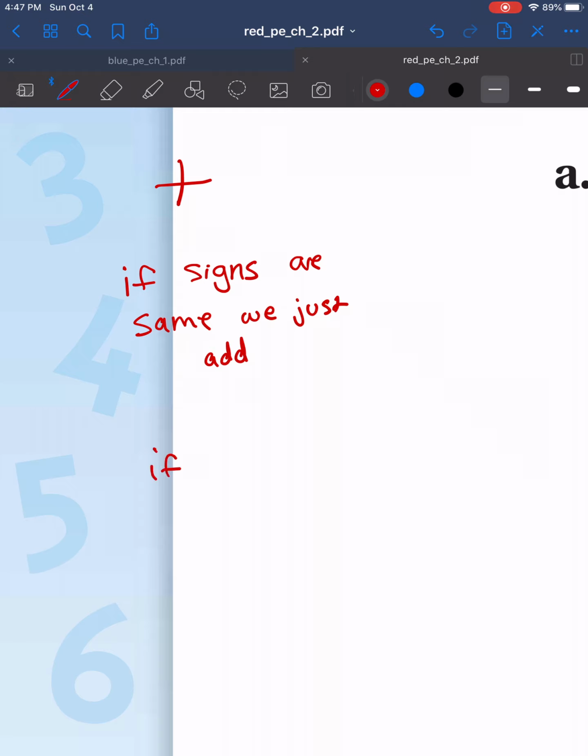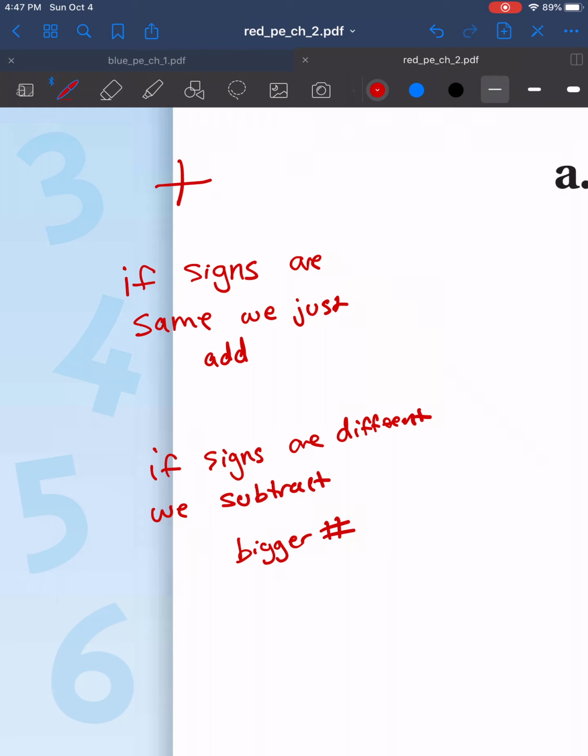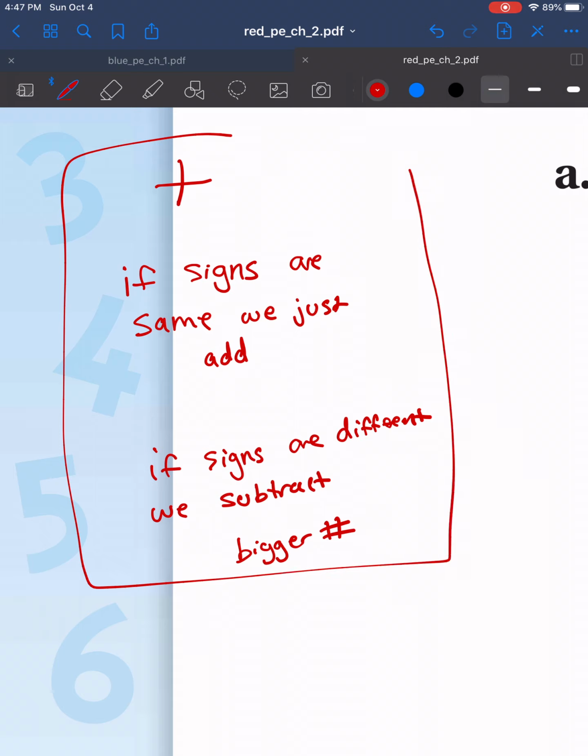If signs are different, we subtract, and then we give the answer the sign of the bigger number. Okay? You have to remember these rules to be able to do well in this section.